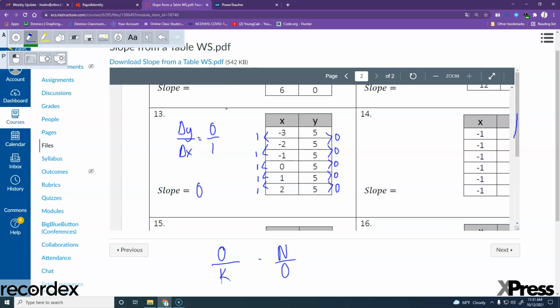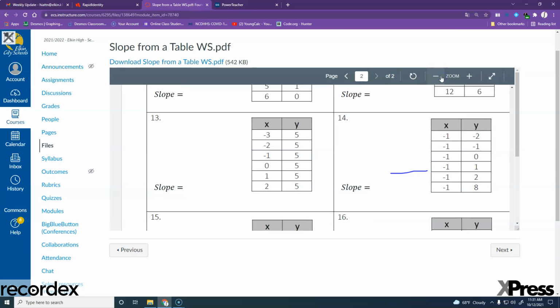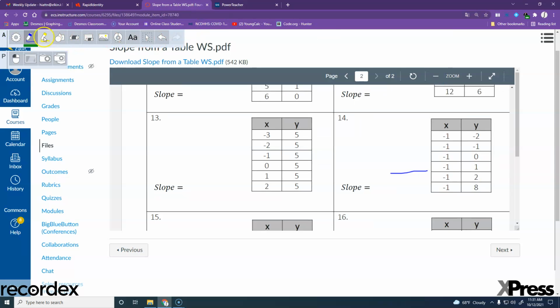Okay? All right, now look at 14 real quick, and we'll be done with the notes here. Why won't it let me scroll over? I must zoom back out. Okay. So, number 14. Here we went up by 1, 1, 1, 1.